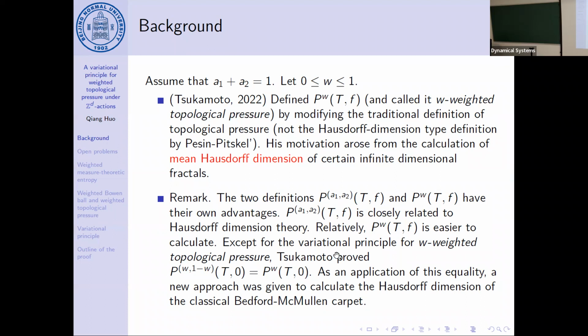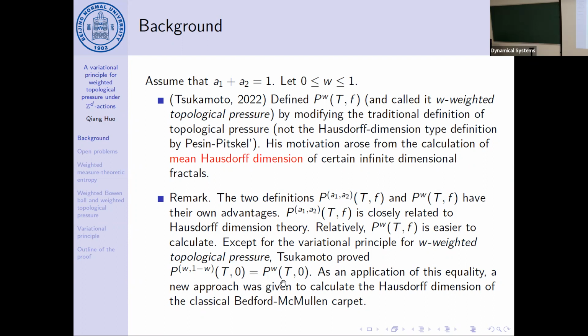Except for the variational principle for W topological pressure, Tsukamoto also proved that in the case when the potential function f equals 0, these two definitions equal each other. One could understand this as Feng and Huang's weighted topological entropy, and this is Tsukamoto's definition of W-weighted topological entropy.